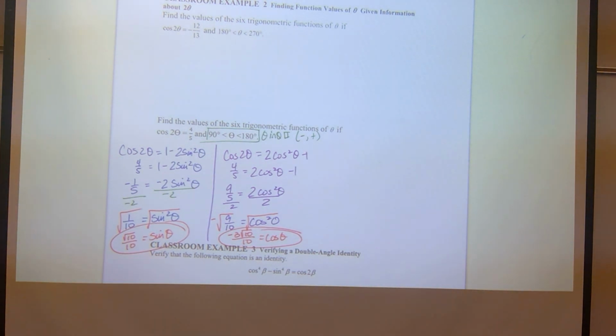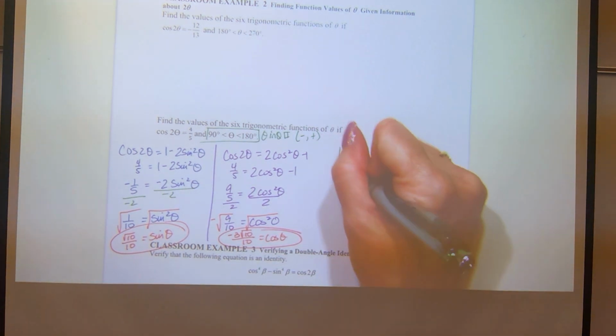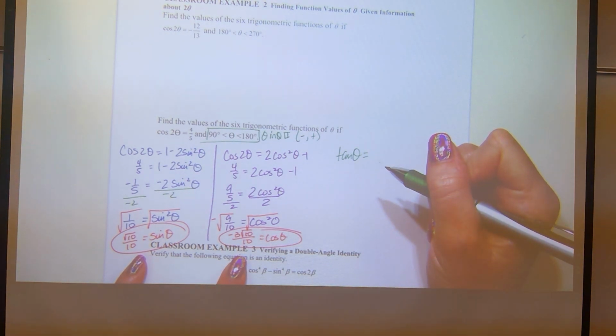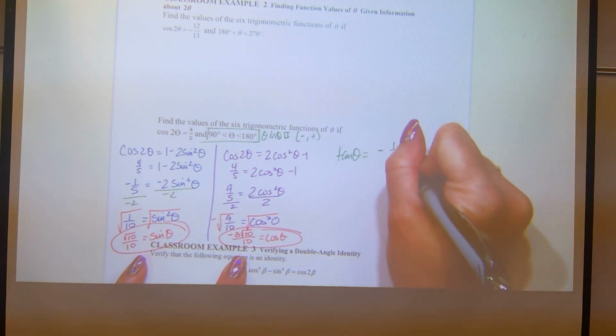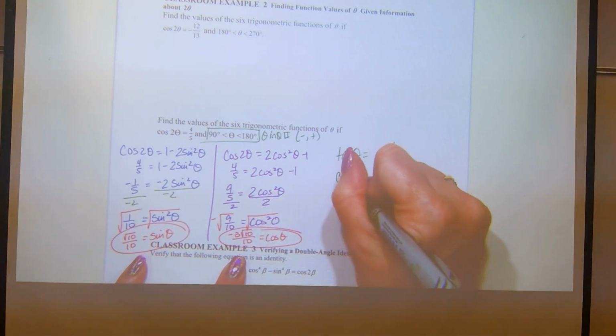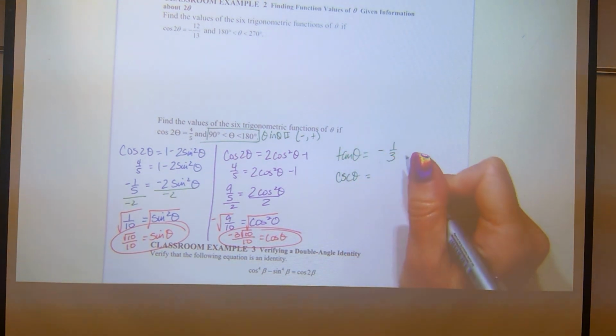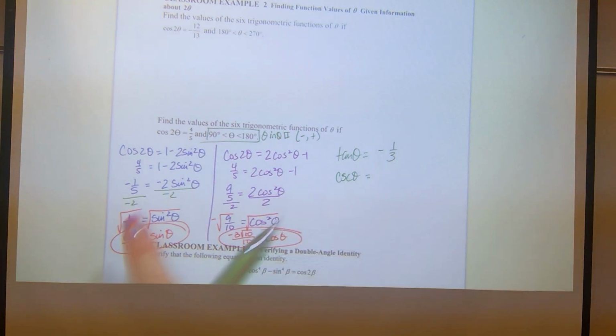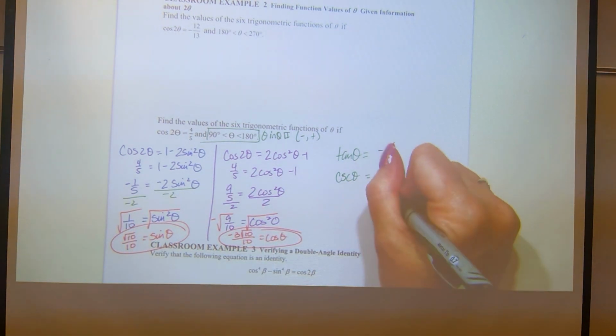From that, I can come up with my other trig functions. Tangent theta is sine over cosine. When I simplify that, I get a negative 1/3. Cosecant theta is the reciprocal of sine theta, which started out as 1 over square root 10, so that's just square root 10.